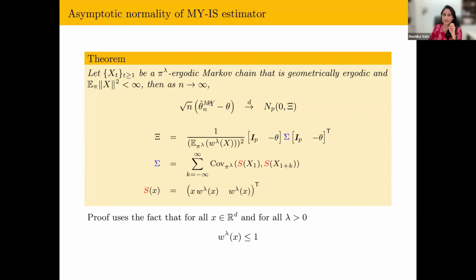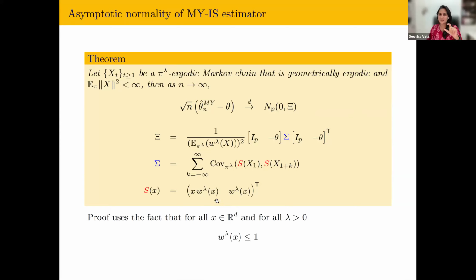Then as n tends to infinity, I have asymptotic normality of the importance sampling estimator with a limiting covariance matrix of chi. Now chi takes a specific form, and I'll come back to the expression later on. But just something to keep in mind is that what we need to do is track the tuple x, w lambda, with w lambda being our weights from pi and pi lambda.